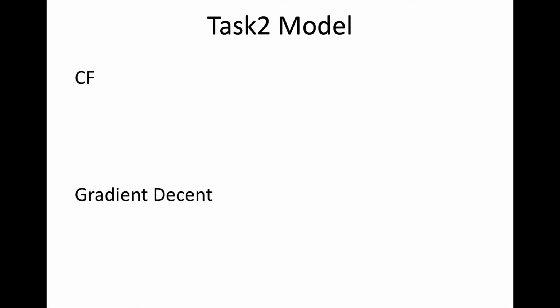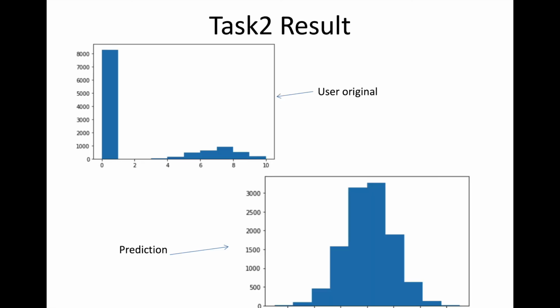We are going to use CF because we have many users here, and we still use the gradient descent method to learn the model. So this is the result of task 2. The first table is for the user's original rating preference. We can see that the user gives ratings mostly from 6 to 8.